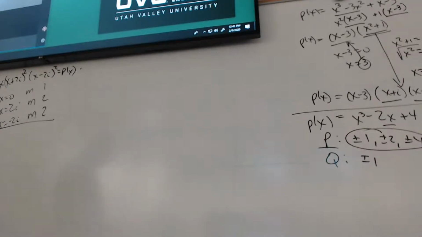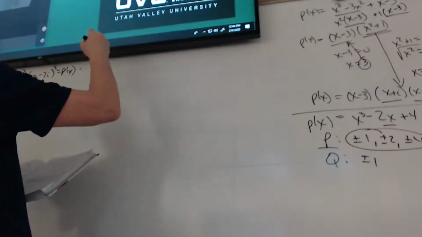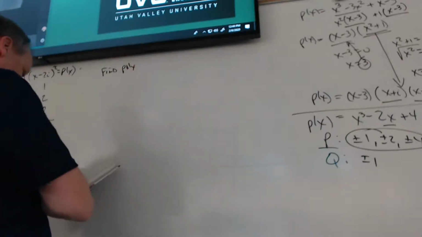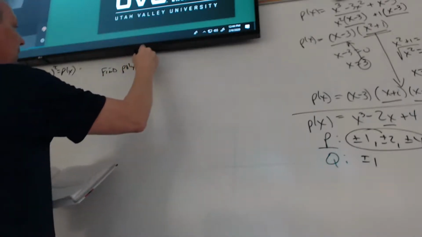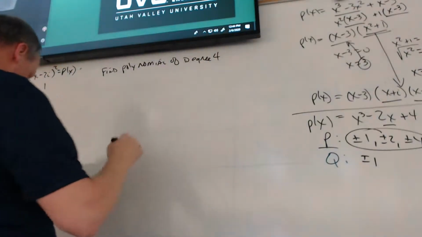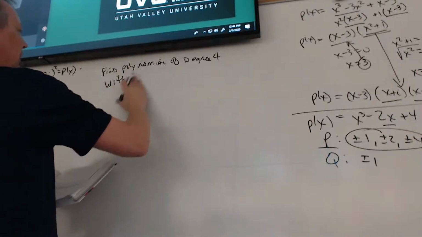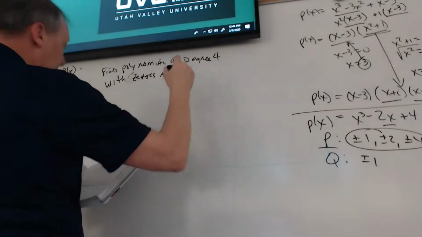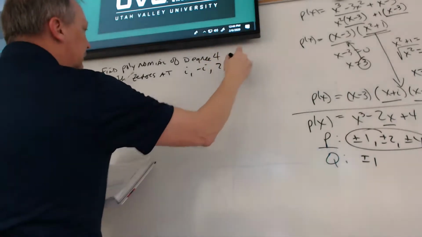All right, so here's what I'll do. I'm going to give you the answer. I want you to find a polynomial of degree 4 with zeros at i, negative i, 2, and negative 2.